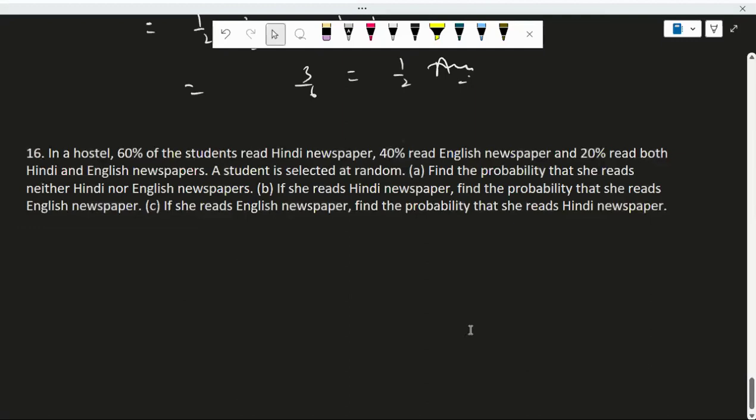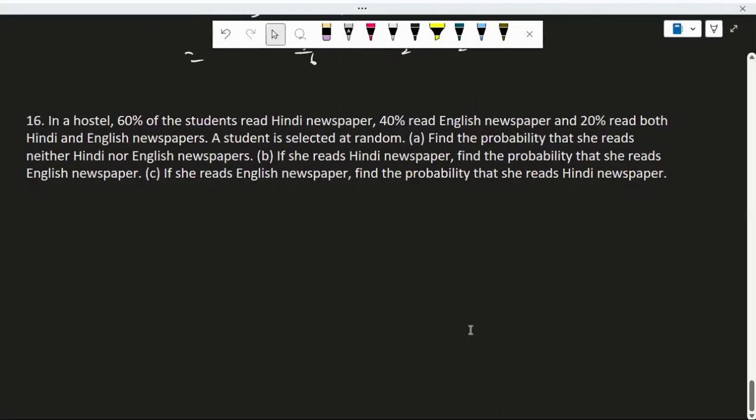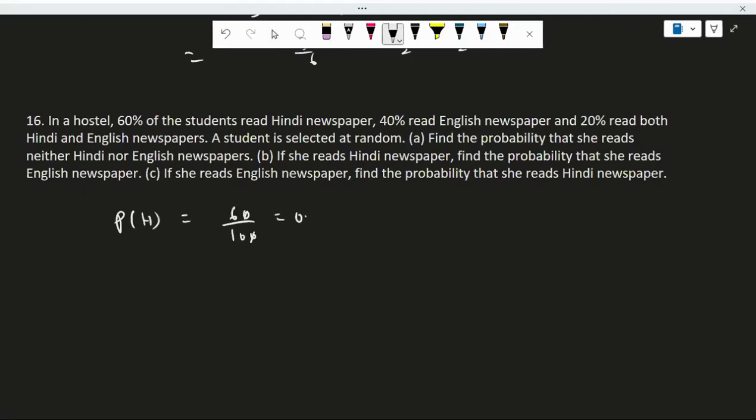In a hostel, 60% of the students read the Hindi newspaper. So P(H) is 60 over 100, that is 0.6.